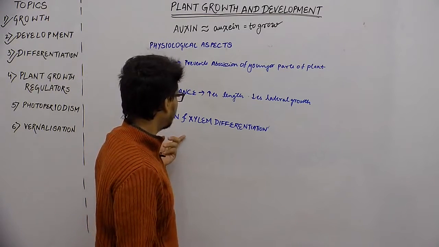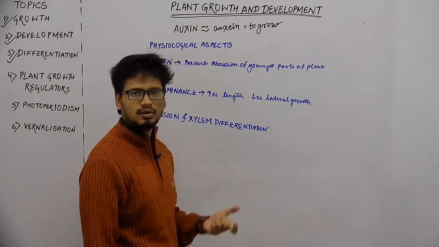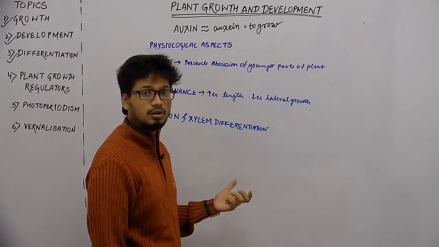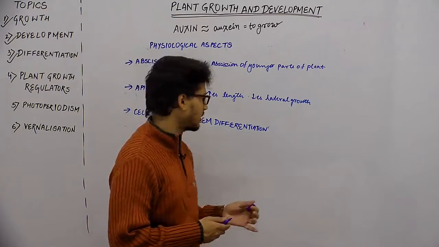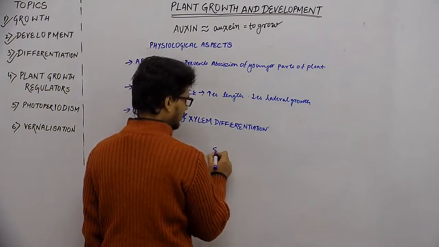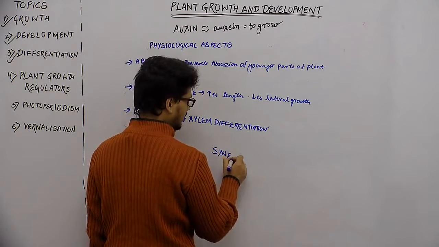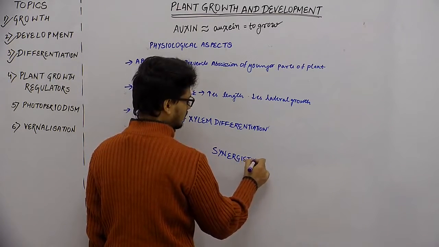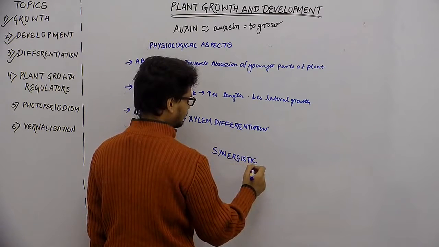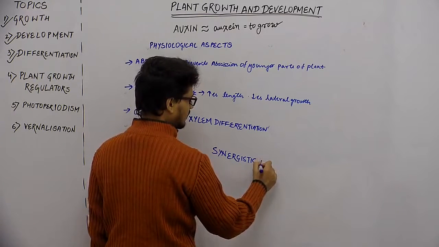Cell division is shown by this and another plant hormone known as cytokinin. So these two are synergistic. We'll talk about synergistic and antagonistic in the succeeding part.